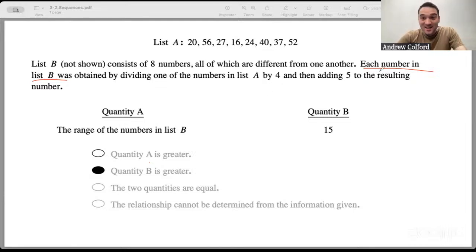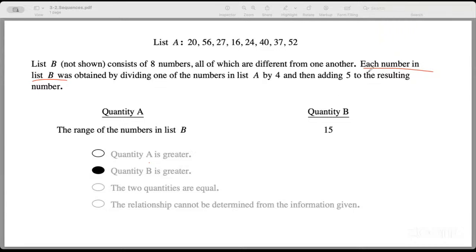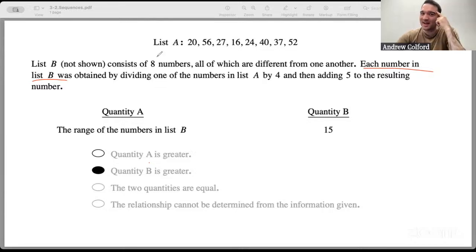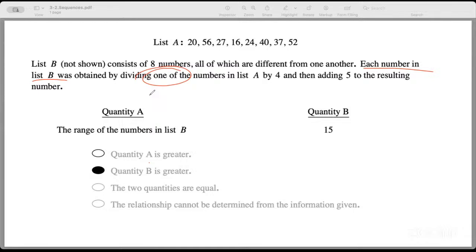Maybe that's why you asked. Your problem is the same one that I have, right? It said take one of the numbers in list A. It doesn't say take each number in list A. Yeah, I think that's where I had the issue.